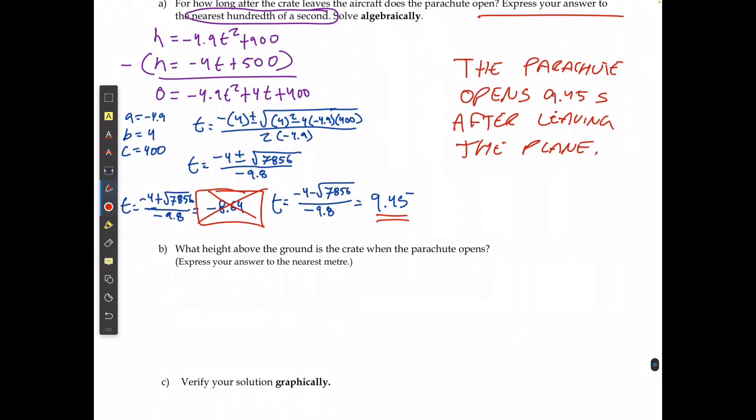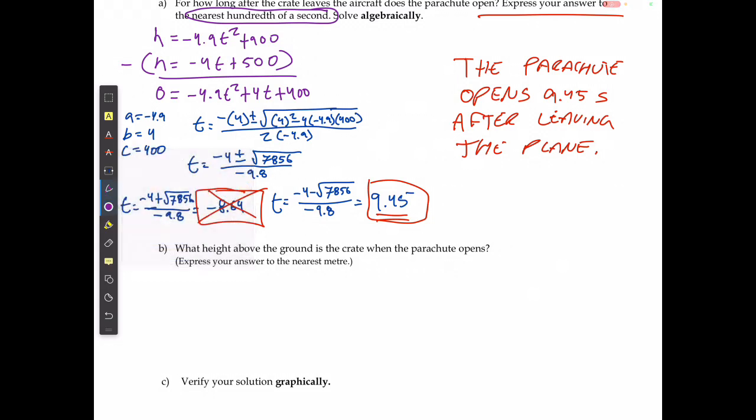The time is going to tell me what the height was. So I can substitute the time back into either of the equations in order to solve this. In this case, I'm going to use the linear equation.